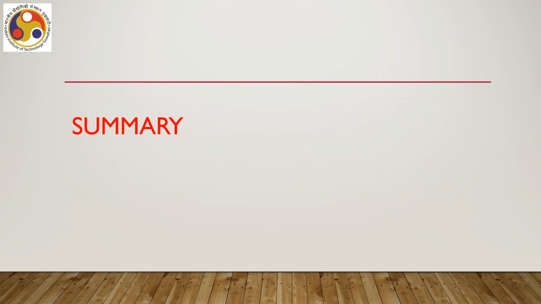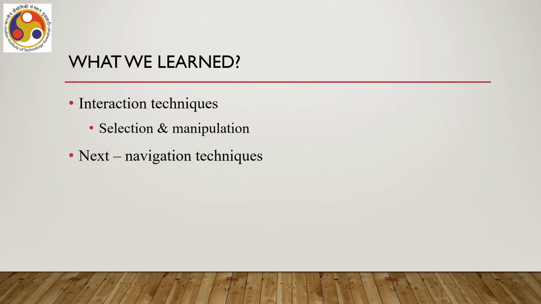So, let us just summarize before we close this part of the lecture what we have learned. Here we continued our discussion on the interaction techniques that are typically used in immersive environments. Earlier we talked about virtual reality systems and augmented reality systems.